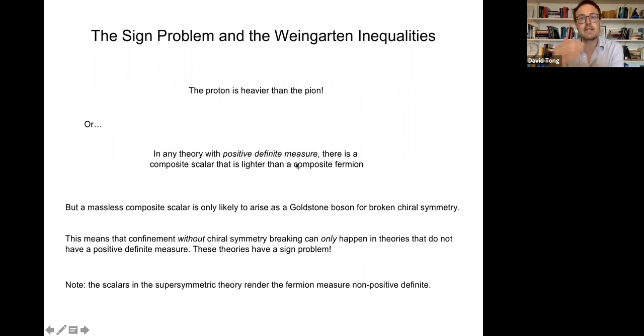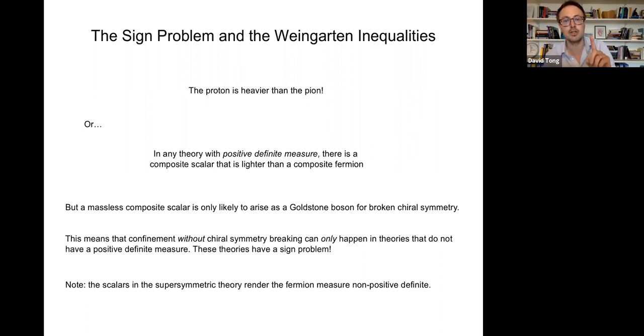Now, to get this symmetric mass generation, the whole trick was I needed some confinement and some massless fermions in the infrared. But the Weingarten theorem says that if you get massless fermions in the infrared and you have a positive definite measure, you're guaranteed to get massless scalars at the same time, because there's always a composite scalar that's lighter than the composite fermion.